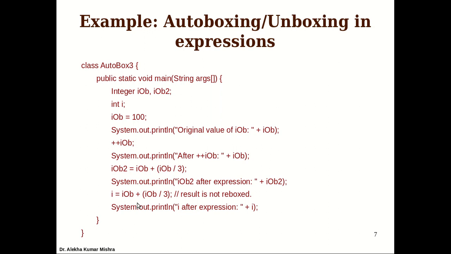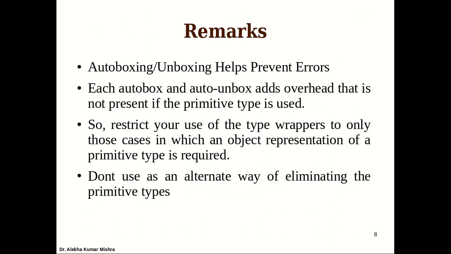That's how autoboxing works. The developer will not be cautious or concerned about how to handle these conversions. That is completely taken care of by the Java programming language. So this is about autoboxing and auto-unboxing of expressions.